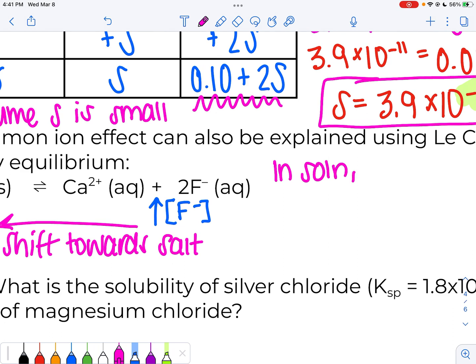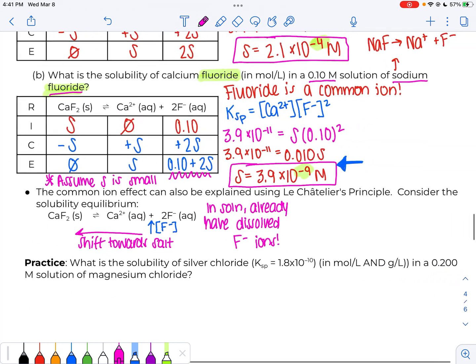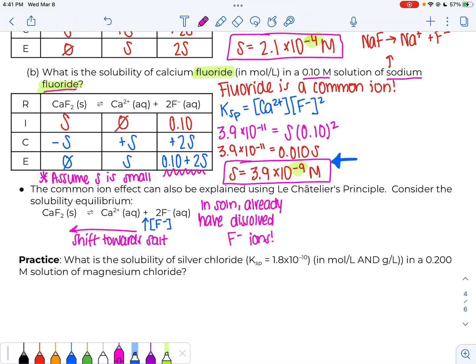So just as a reminder, in solution, we already have dissolved F minus ions. So what you really need to know, common ion effect: if you are trying to dissolve a salt in something that already has a common ion with something in that salt, it is going to have a lower solubility.